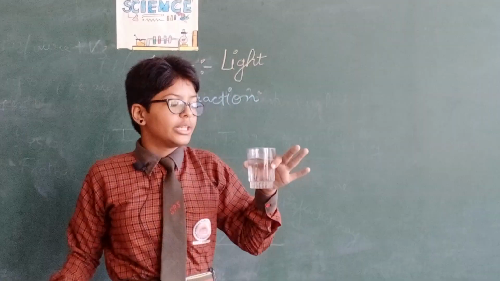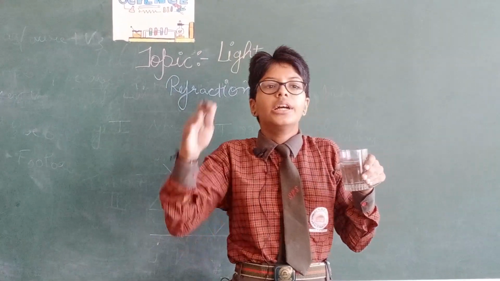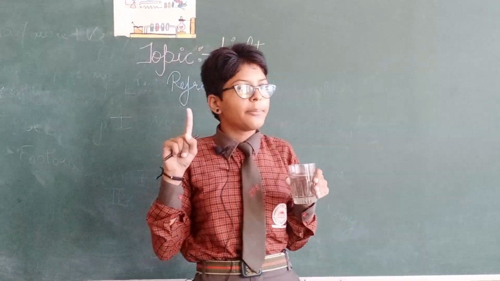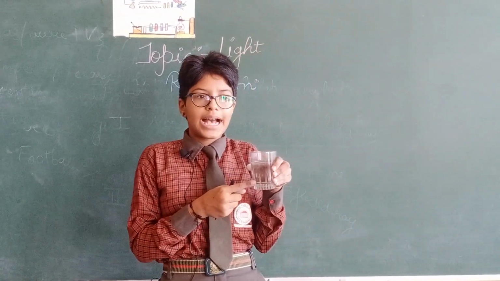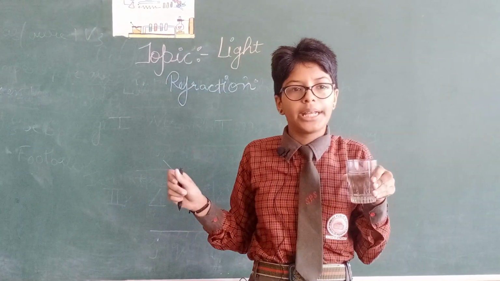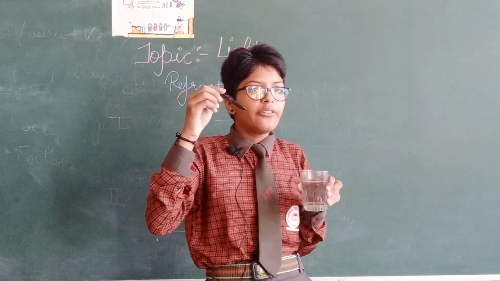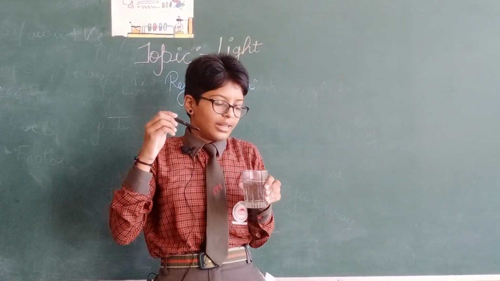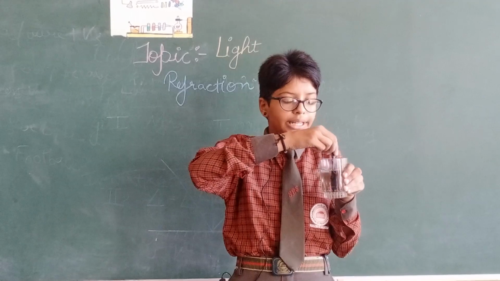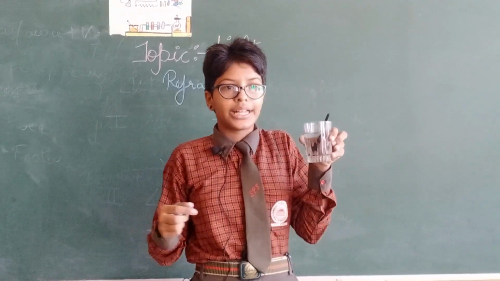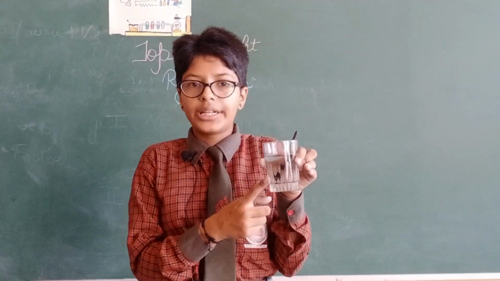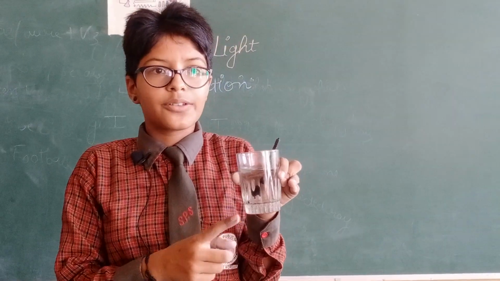Now this is a glass filled with water. Here is air, which is medium number 1. And in this glass, water is present, which is medium number 2. And this pen will act as a light ray. If I put it in this, what are you able to see? The direction of the pen is somewhat tilted. This also happens with the light ray.